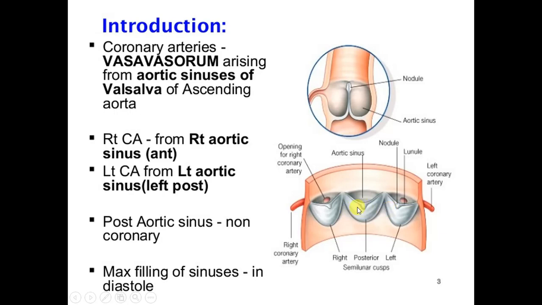The posterior aortic sinus is non-coronary, and these sinuses are filled during the diastole, not in the systole. So filling of the coronary arteries is in the diastole, not in the systole of the heart.